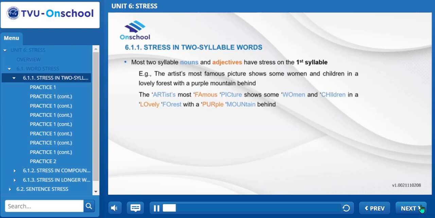The adjectives are famous, lovely, purple. So you can see the stress is on the first syllable of those words. Try to read it again. Remember to say the stress syllable in a louder, higher pitch.